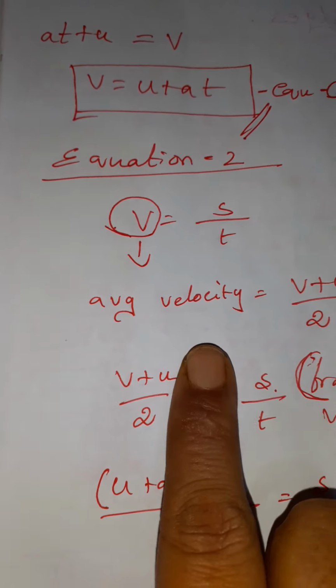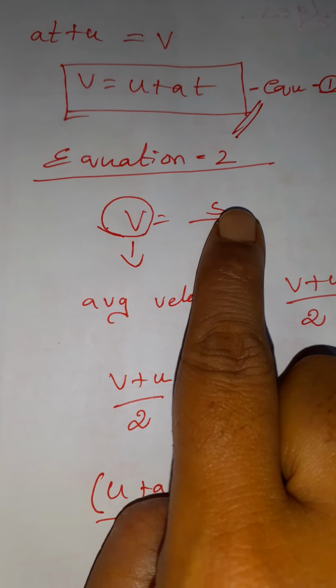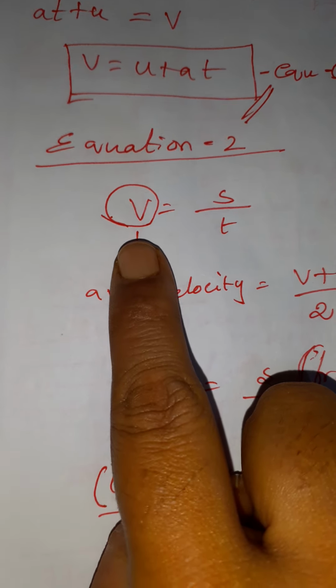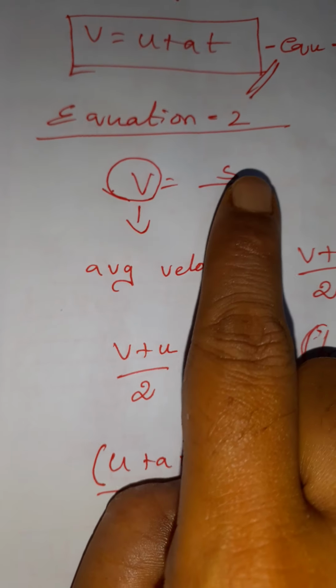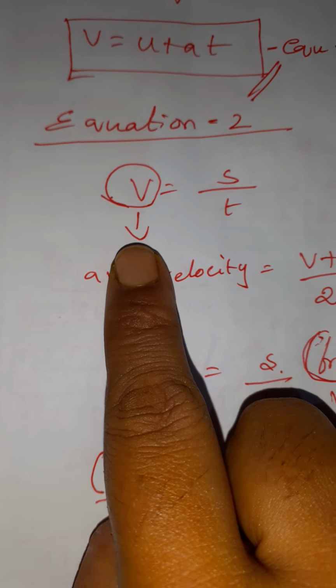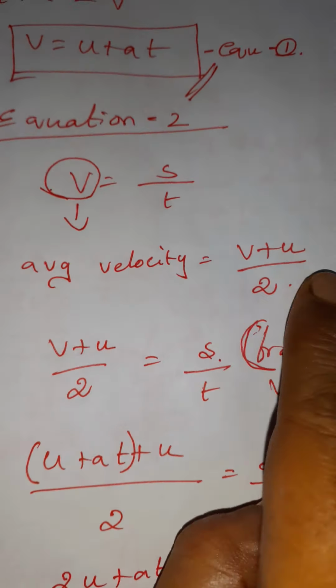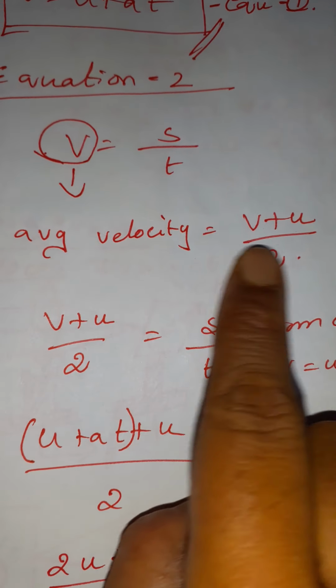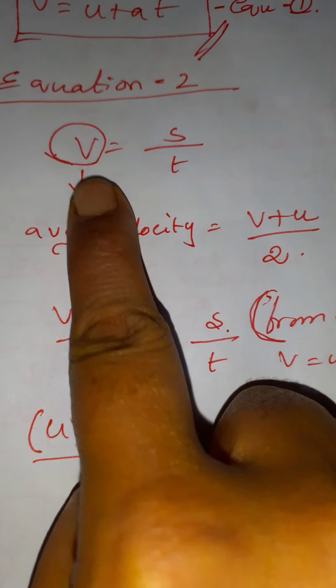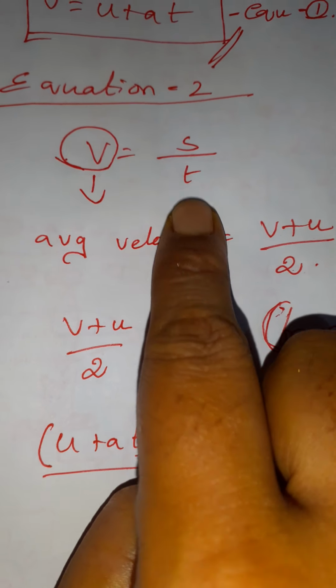Then the second equation. We know velocity is equal to displacement by time. You know that equation, velocity is equal to displacement by time. Average velocity. What is average? Adding both and dividing by 2. Initial and final velocity divided by 2 is called the average velocity. Either the velocity or the average velocity, the formula is the same, displacement by time.